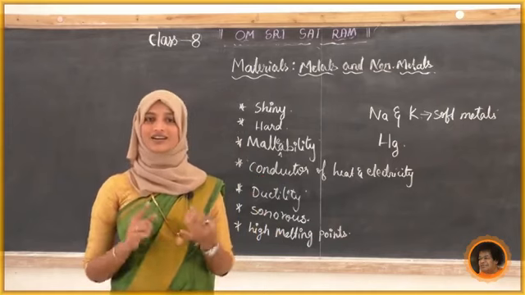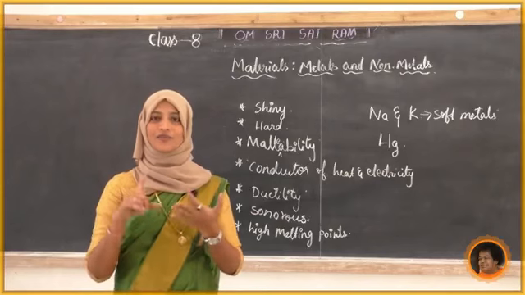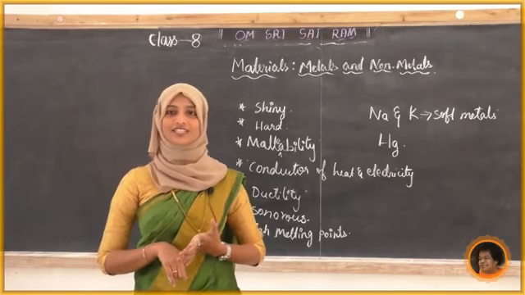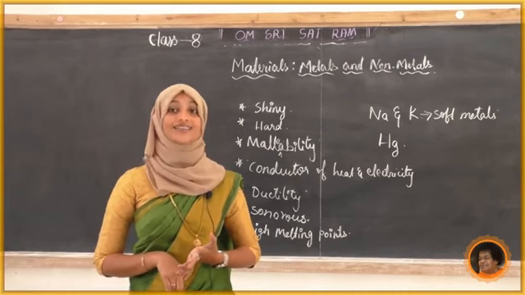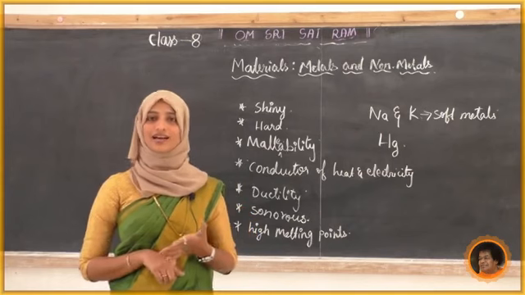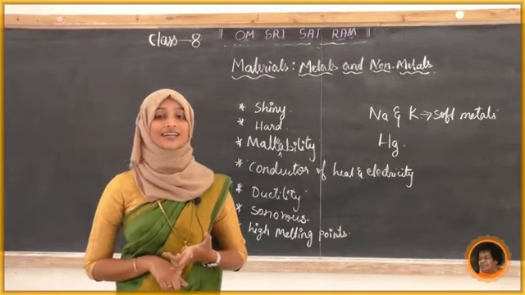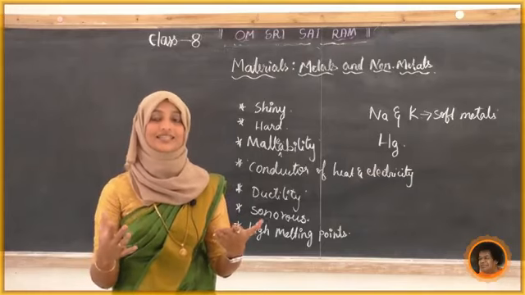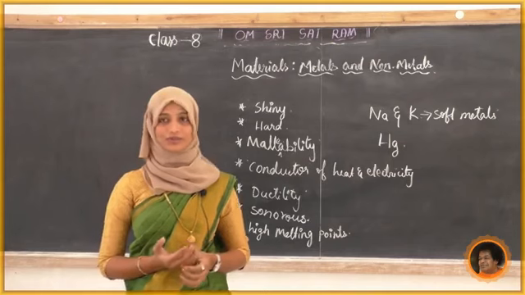Okay, next, they are hard, they are lustrous, high melting point it has. One more, the exception we have studied, that is sodium and potassium. They are soft metals, they can be cut by using a knife. Upon that, mercury is one of the metals, but it is present in liquid form at room temperature.